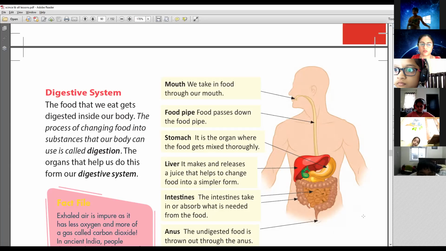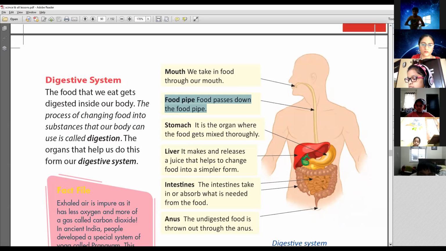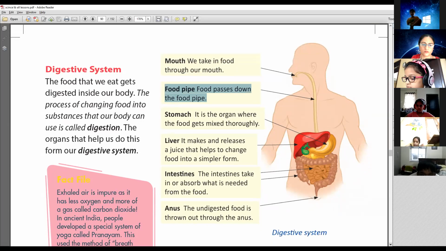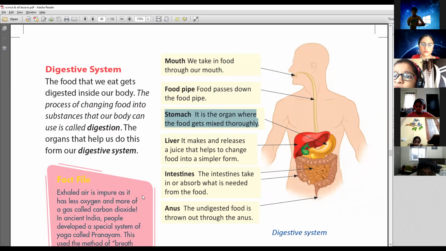Chandana, read these points. Mouth: we take in food through our mouth. Food pipe: food passes down the food pipe. Stomach: it is the organ where the food gets mixed thoroughly.